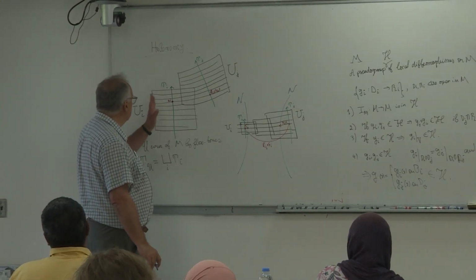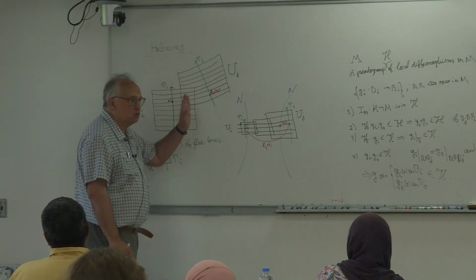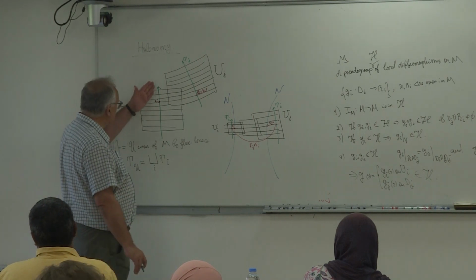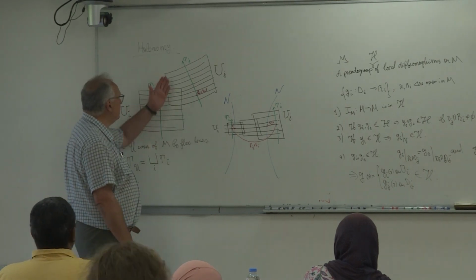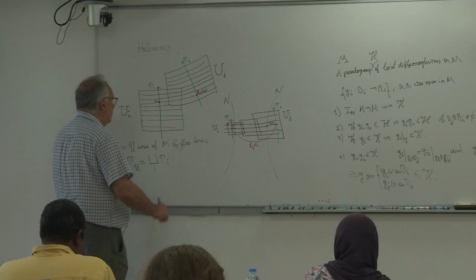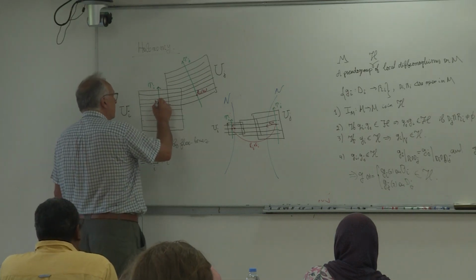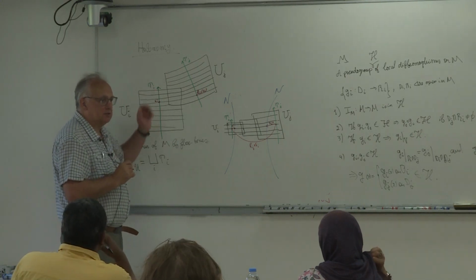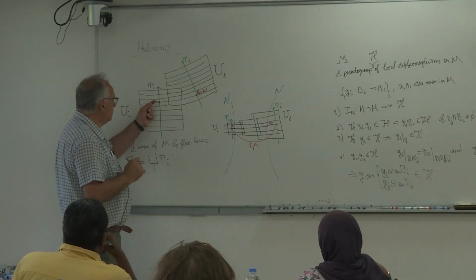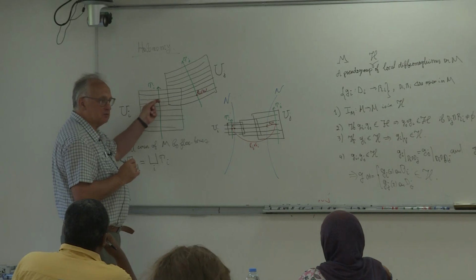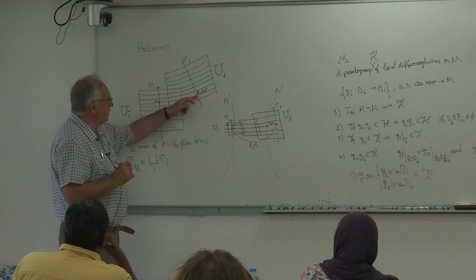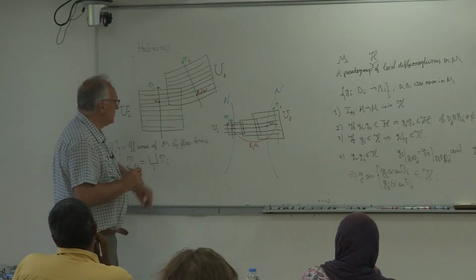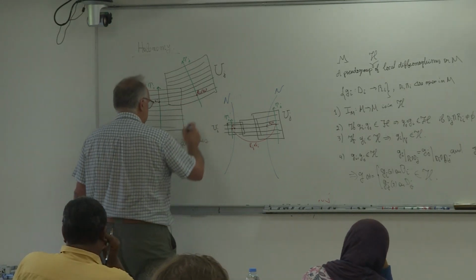Suppose you have two flow boxes Ui and Uj which do intersect. What can you do? You have a transversal Ti here and Tj here, and you can take a point ti, a variable on this transversal. Take the leaf which passes through this point, and look where this leaf intersects the other transversal, and you call this the image.